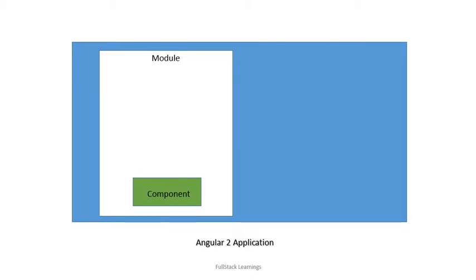Now, component. A component controls a patch of screen called a view, or a component is a controller class with a template which mainly deals with a view of the application and logic on the page. The class interacts with the view through an API of properties and methods.